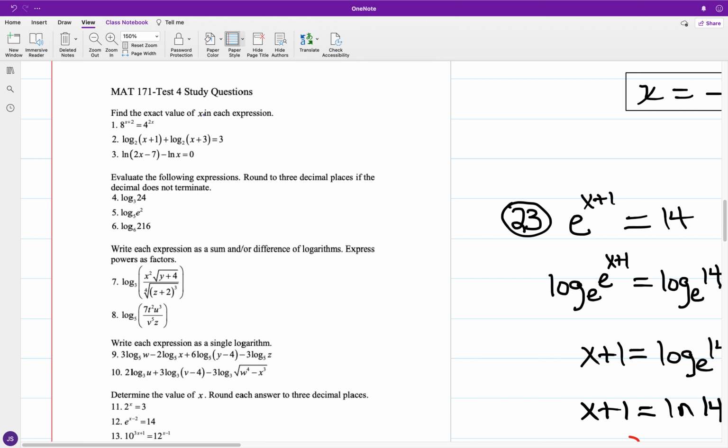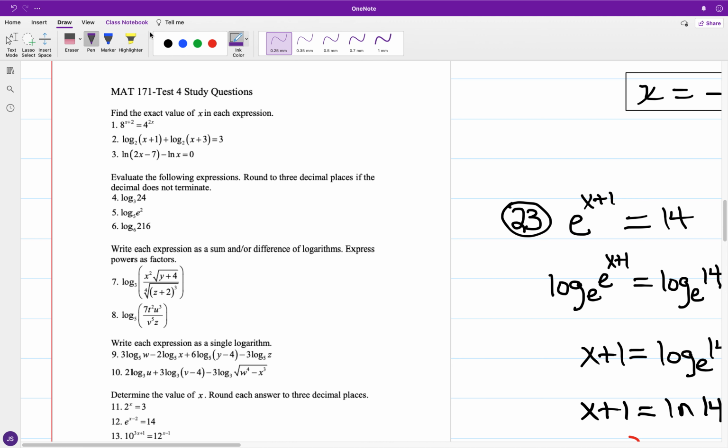So you got the base 3 logarithm of 24. Now 24 is a multiple, but it is not an integer power of 3. So for number 4, we can use natural logarithms on this one, so you have the natural logarithm of 24 all over the natural logarithm of 3.